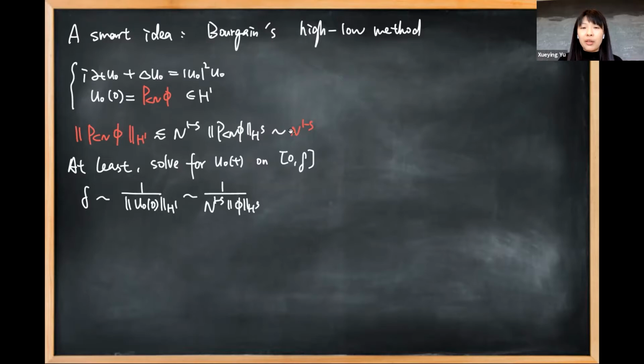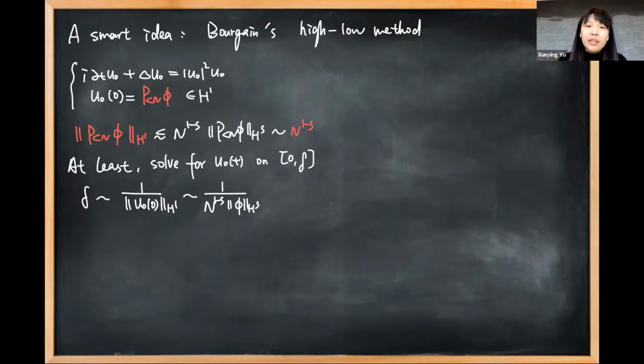For example, you can think of this N as a super large number, but fixed. Then we are happy, because using the iteration theory that I just explained in the previous slides, you can get a global solution.